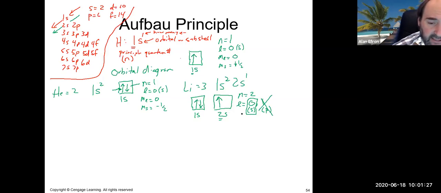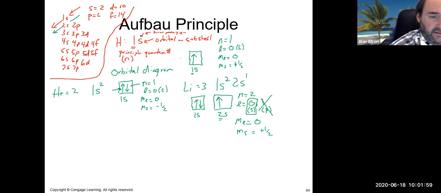And that also means that the m sub L here would be 0, and the m sub s here would be plus a half. So again, this illustrates that although the p orbitals are available on that particular energy level, the actual electron we're referring to here is in the s orbital. So you want to be very specific, especially if you're talking about a specific electron like we are in this particular case. All right, any questions on that there?